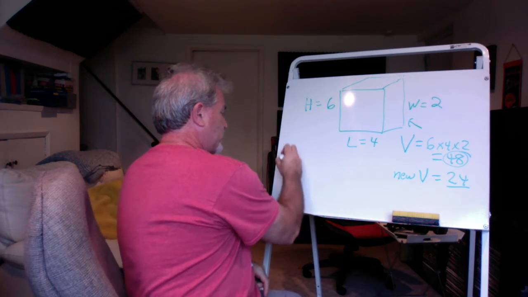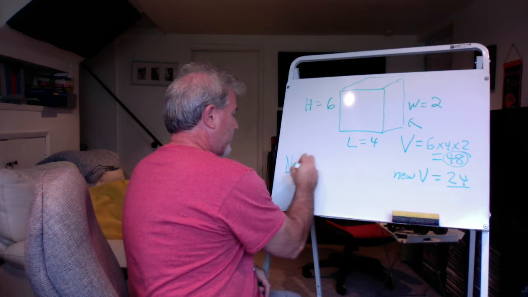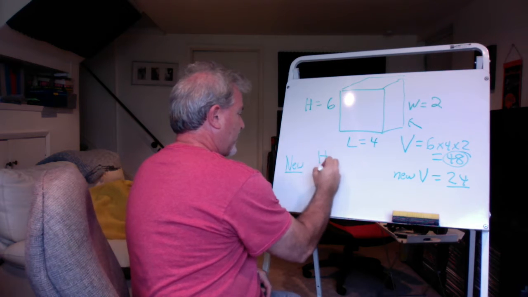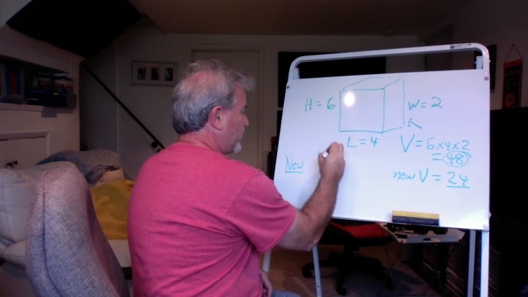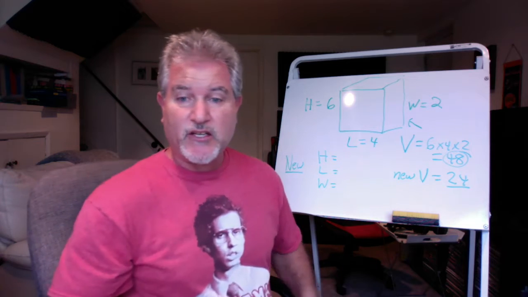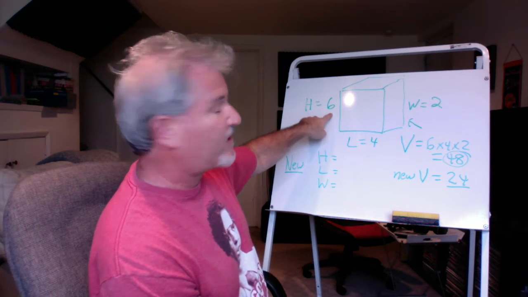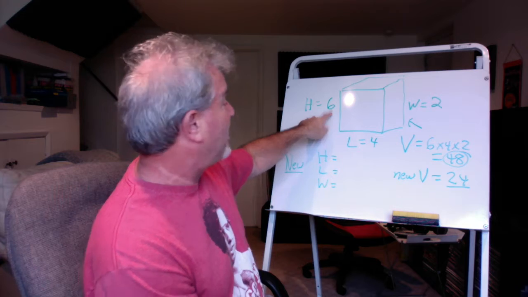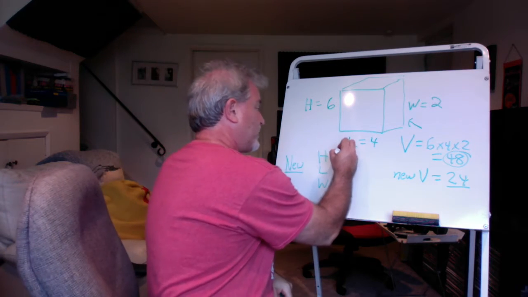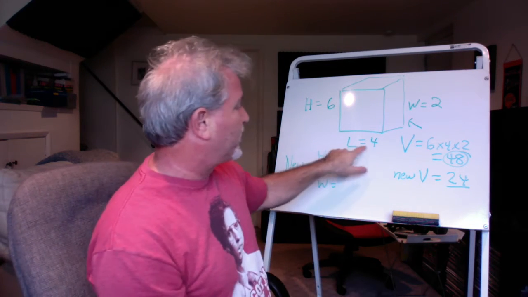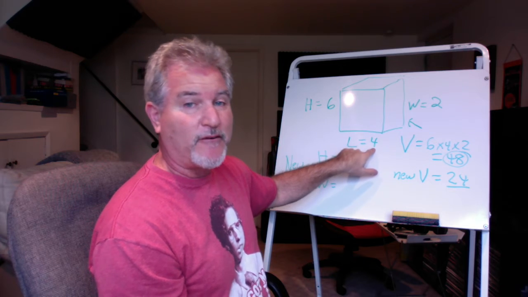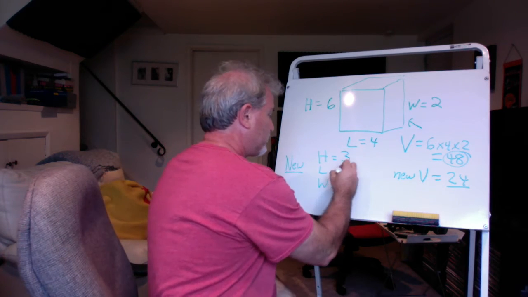So this is going to be the new cube. There's going to be a height and a length and a width. So here's the easy way to do it. Here's the height. The height is 6. Half of 6 is 3. Here's the length. The length is 4. Half of 4 is 2.